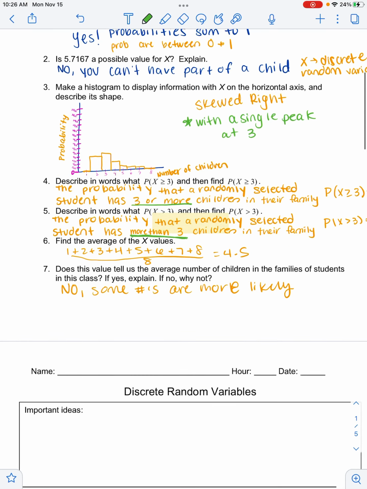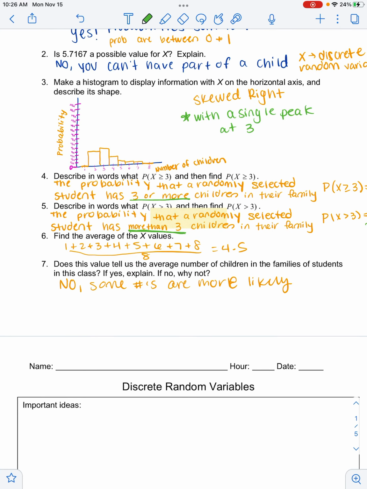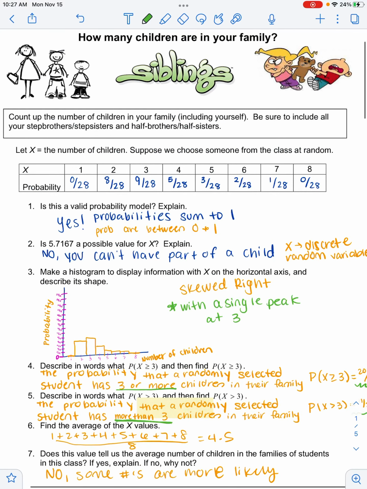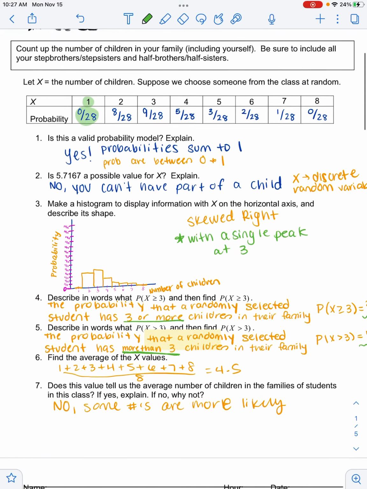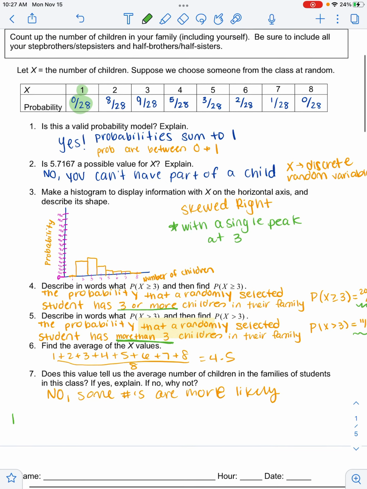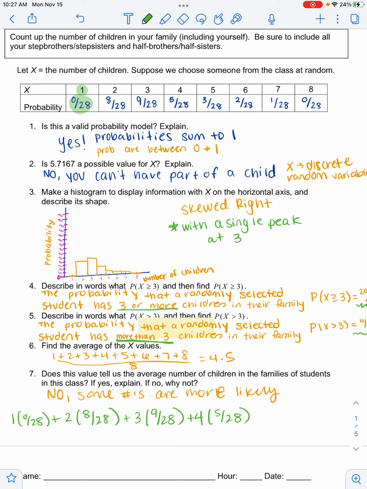So how could we actually find a better mean to represent this data? What I'm going to do is take the data from the table and multiply each x value by the probability of that x value. So we're going to do 1 times 0 over 28 plus 2 times 8 over 28 plus 3 times 9 over 28 plus 4 times 5 over 28, plus 6 times 2 over 28.